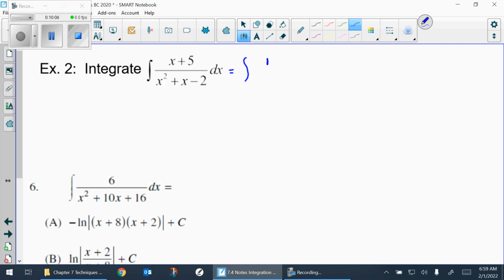I can factor the bottom. I think it would be x plus 2, x minus 1. And therefore, let me move this a little bit.